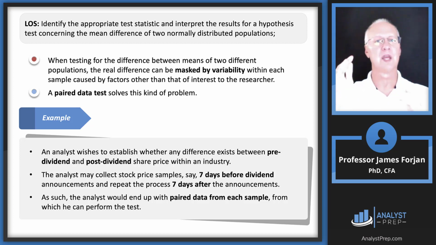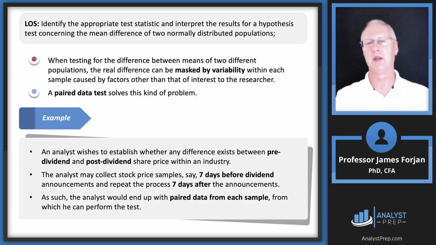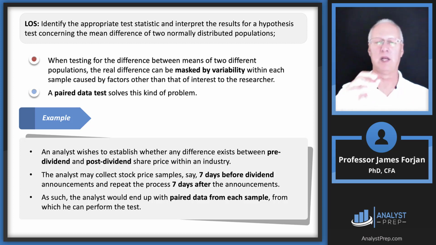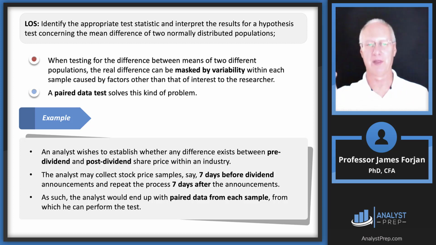And this is what I was saying earlier about Gravedigger and the wind and the track wetness and, what did I say, humidity or the barometer, whatever that is. And so what we do in order to solve this problem of, notice we have in parentheses or in bold, masked by variability within each sample, we can do a paired data test.